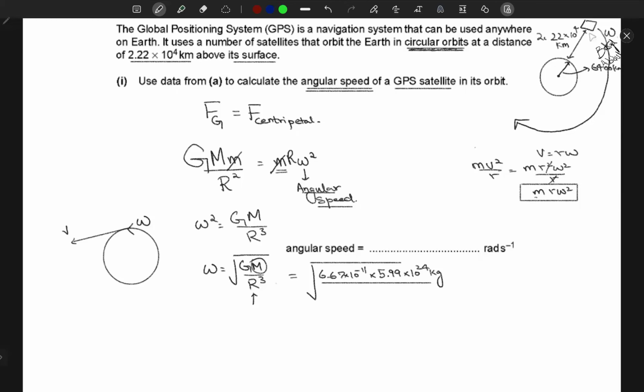It's 2.22 times 10 raised to power 4 kilometers. So what value would I use in R? Anyone from the class?